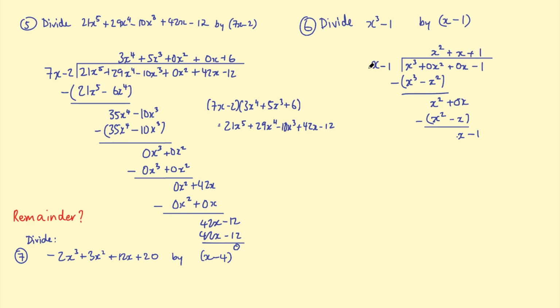Multiply plus 1 by x take 1. That's x take 1. Subtract these, and we have 0 in our constants column. And we are done. So then we could say that x take 1 multiplied by our quotient, x squared plus x plus 1, is x cubed take 1.